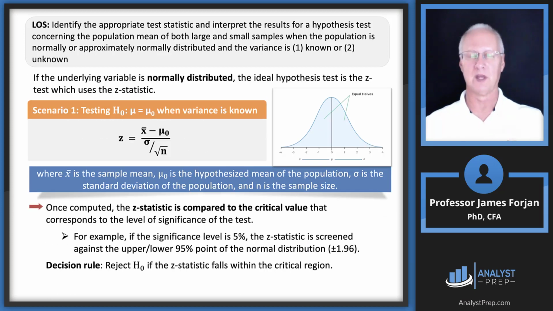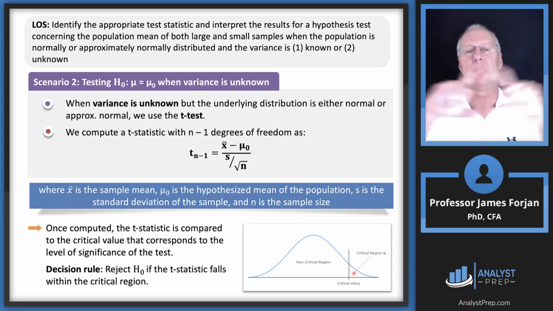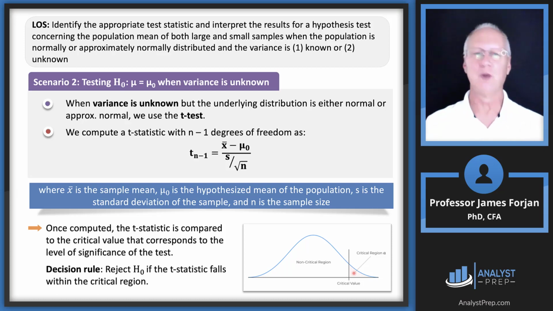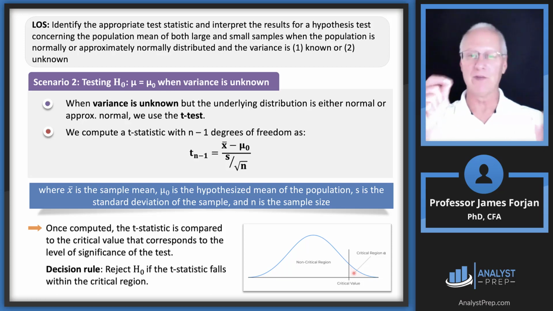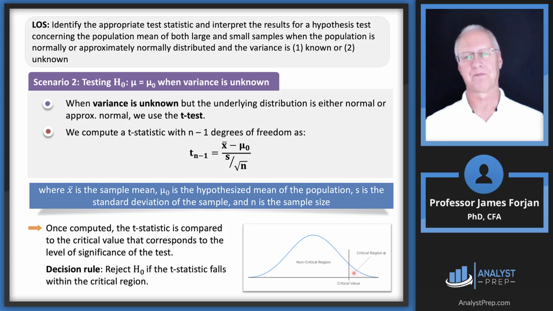Two differences. Here we have z and the population standard deviation. Here we have t and the sample standard deviation. So as you're reading the question stem, you know you could have hundreds of questions like this on the exam. Of course, you're not going to have hundreds, but you could have 2 or 3. One, they'll give you the variance. One, they won't give you the variance.